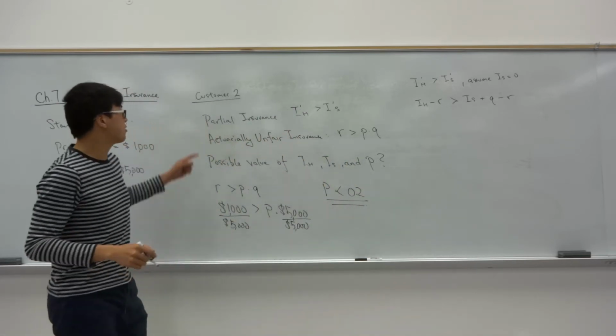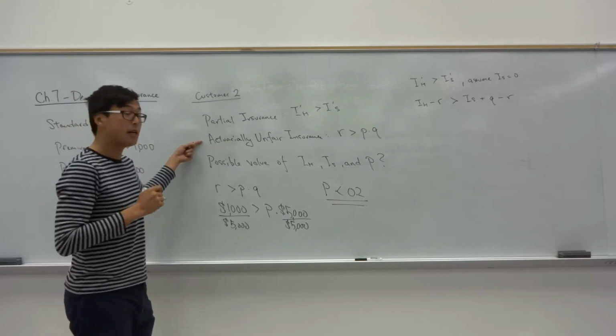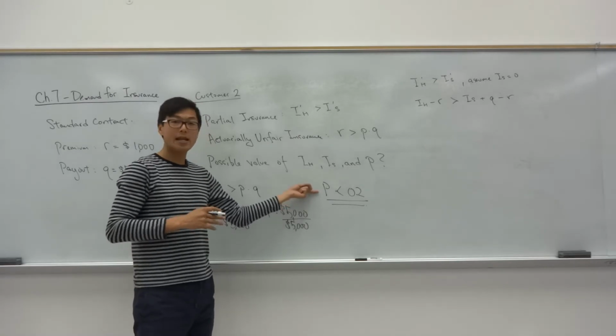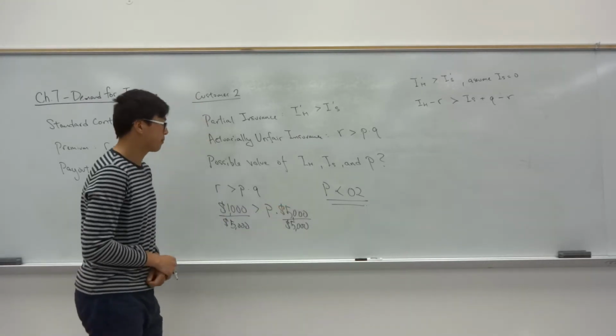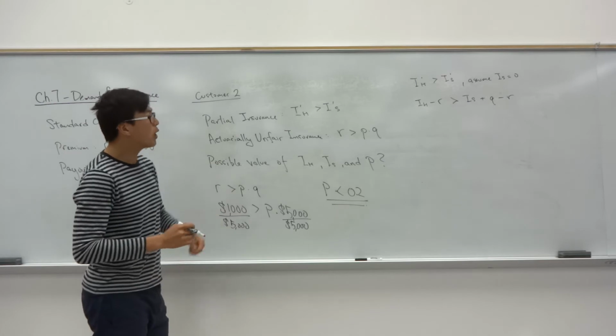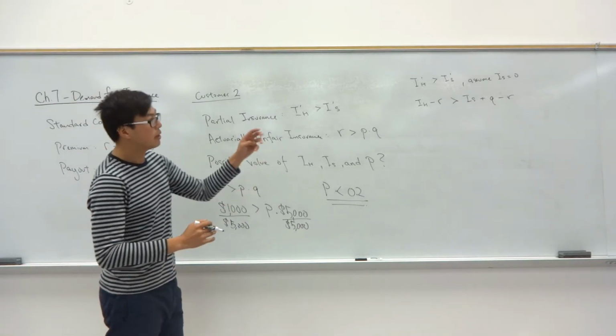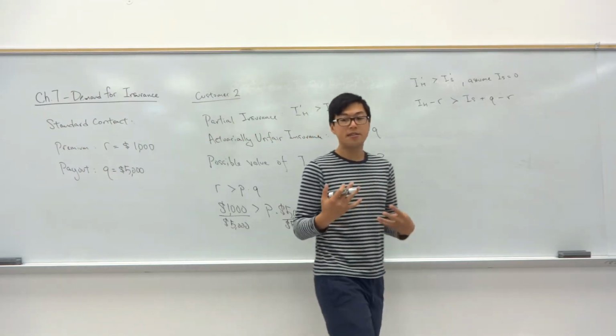So in order for a customer to buy an actually unfair insurance, the probability can fall anywhere below 0.2. Well, what about the incomes? In this case, we make it easier to derive.